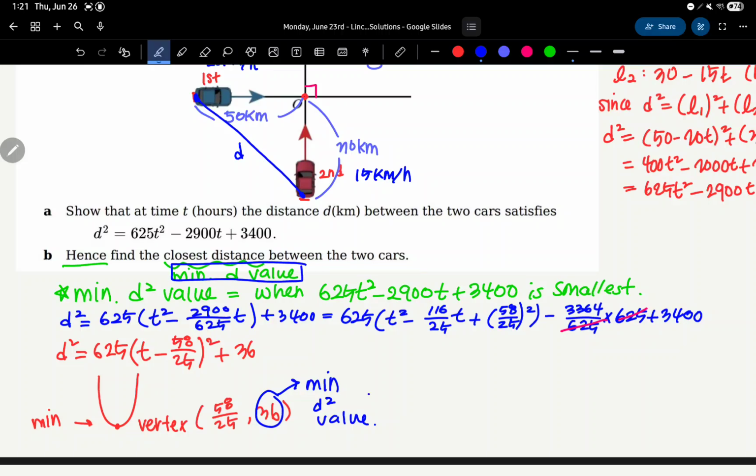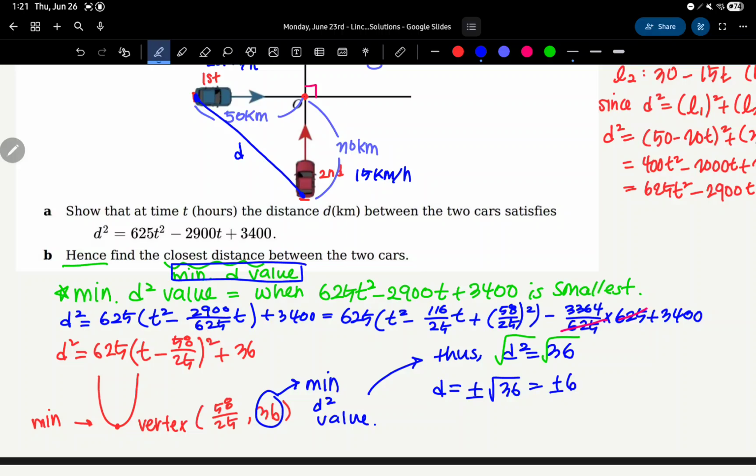So from here, thus, if we have d squared is equal to 36 as the minimum value, how do we get d? We just apply the root on both sides. So it's gonna look like d is gonna be equal to plus minus root 36, which is plus minus 6.